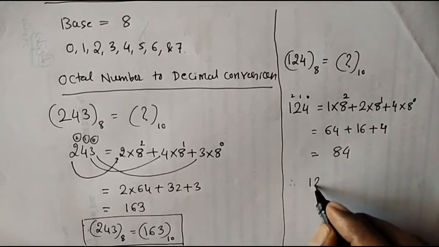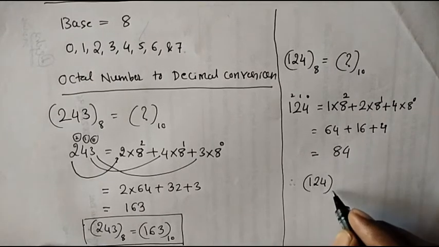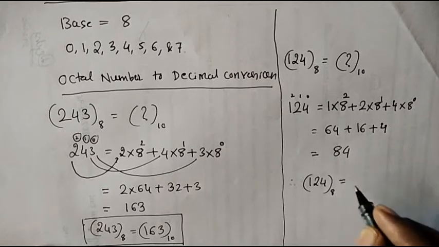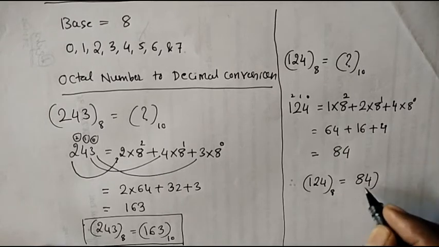Therefore 124, which is in octal, the decimal equivalent of this is 84.